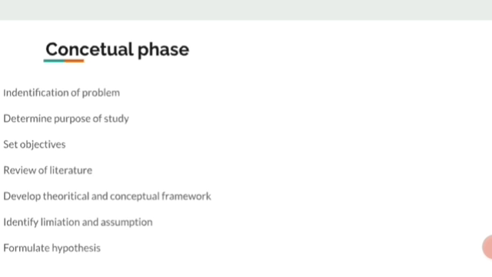Then once you are clear with your problem and you set objectives, you have to do literature review. You have to go through some journals, books and internet references to make sure what all the studies have been conducted and how they have conducted the studies. Review of literature is a very important aspect which comes under conceptual phase. Develop theoretical and conceptual framework.